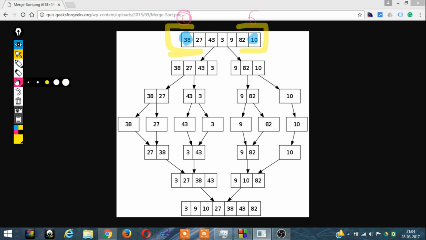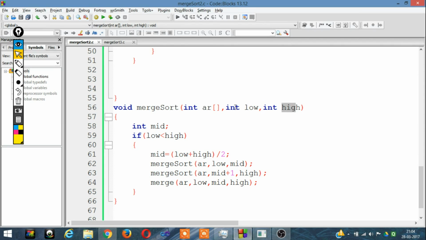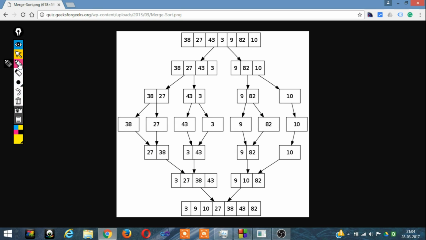This is the reason I have given two variables, low and high. Low would mean the index of this element, and high would mean the index of this element. So this is low and high.